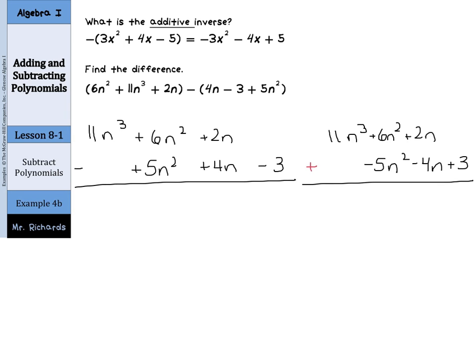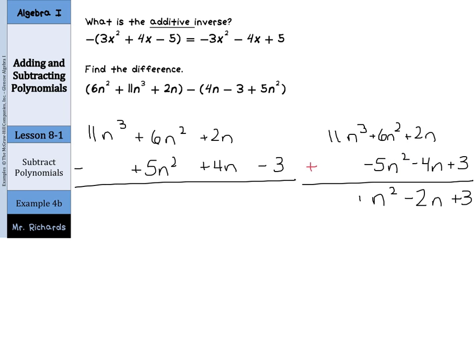So now I can just simply add. I have plus 3, and then the positive 2n plus a negative 4n is a minus 2n. Then I have a 6n squared plus a negative 5n squared, and that is just 1n squared, or n squared.